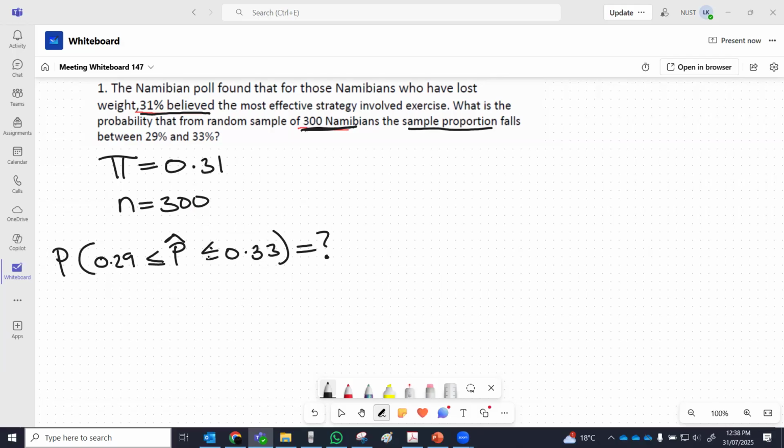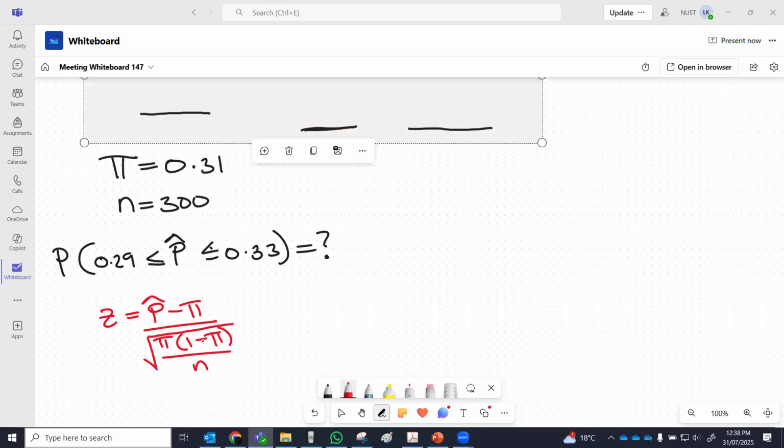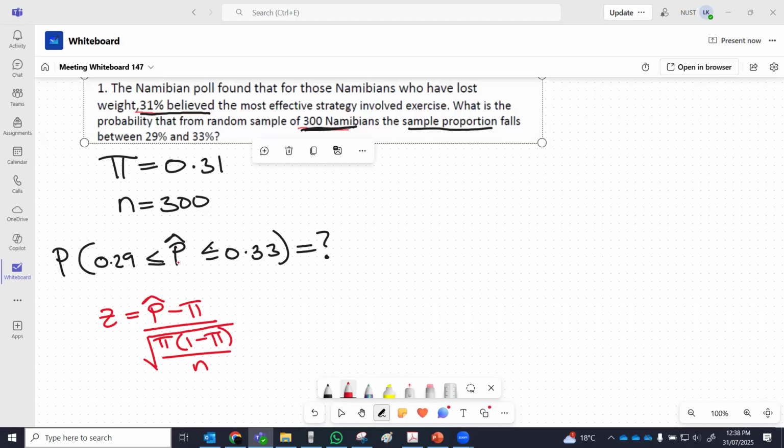Then the next thing is you need to standardize. So if you remember the standardizing formula, the transformation formula, Z is equal to P hat minus pi over the square root of pi multiplied by 1 minus pi, divided by n. So this is our formula. So we are going to transform this one, this one, this one, and then we have our answer from the table.